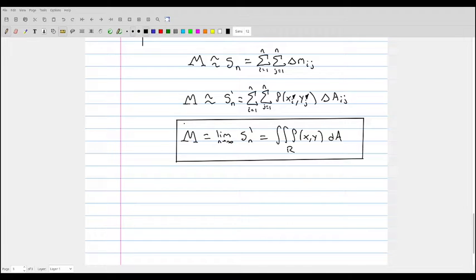So let's look at a very specific example to see how we would apply this.